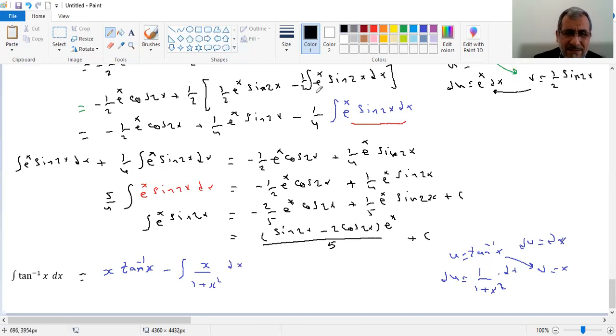The derivative of 1 plus x squared is 2x, but there is no 2, so multiply by 2 here and divide by 2 here. So the answer is negative half ln of 1 plus x squared plus c.